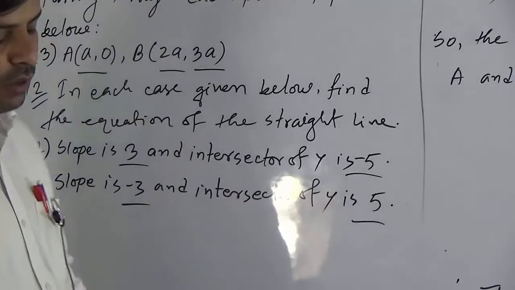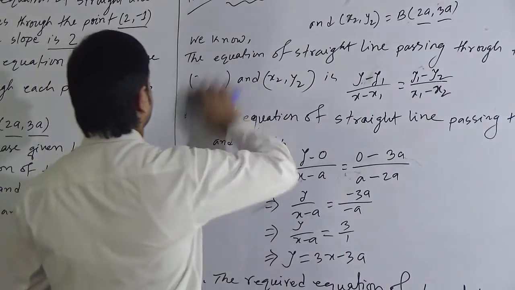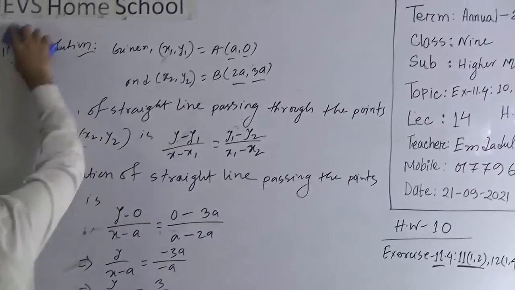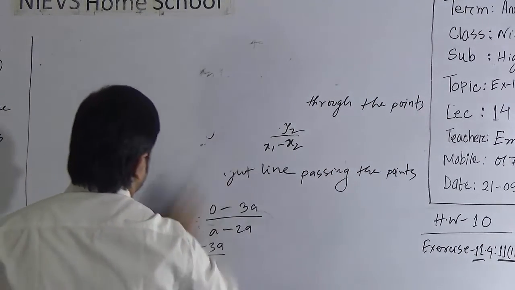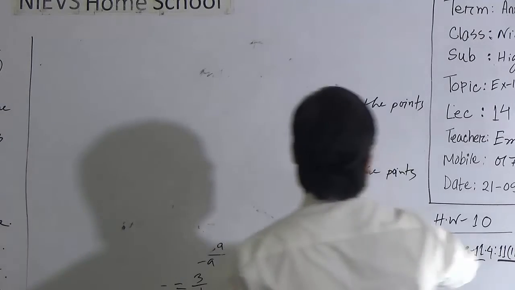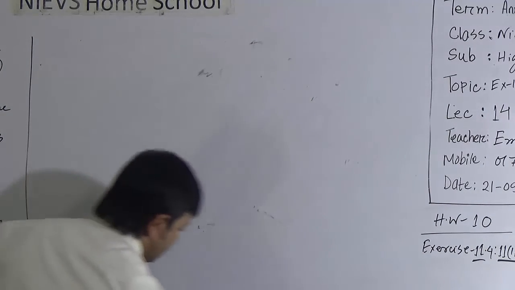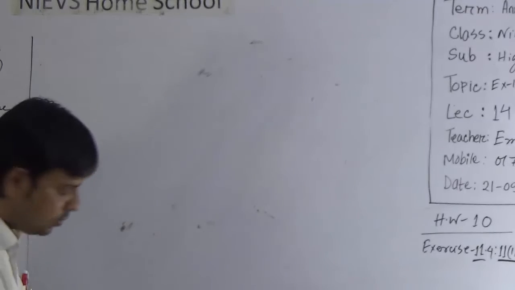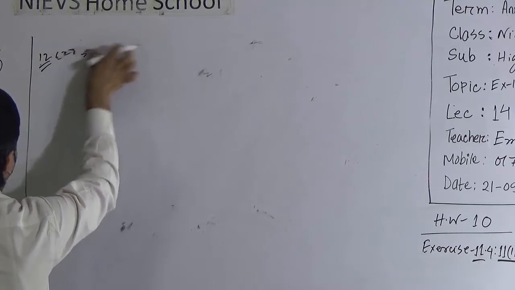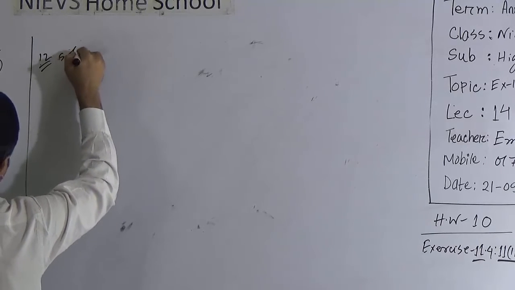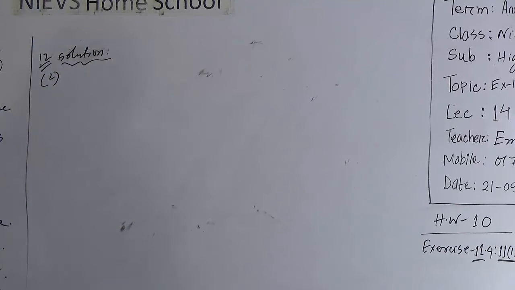So at first I will show you how can we determine the equation of straight line in 12.2. So see the solution of 12.2 at first. So we can write here 12 solution. I will do 2 at first. To solve 2 we need an information.